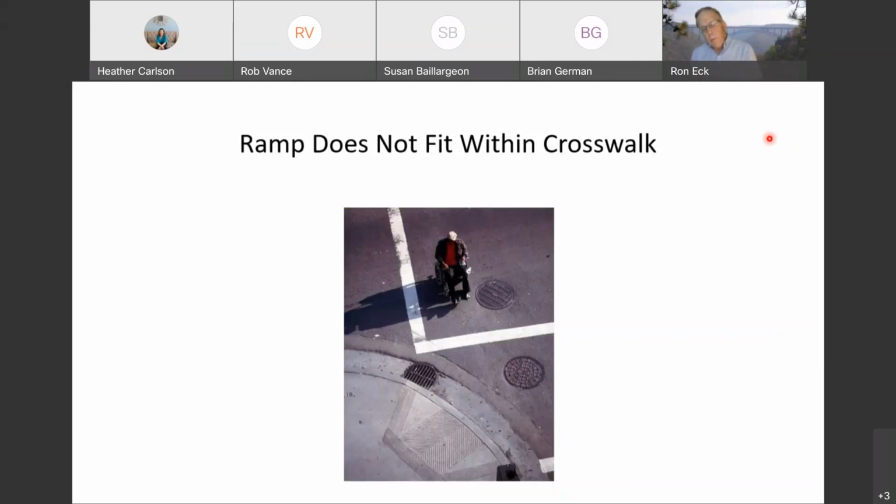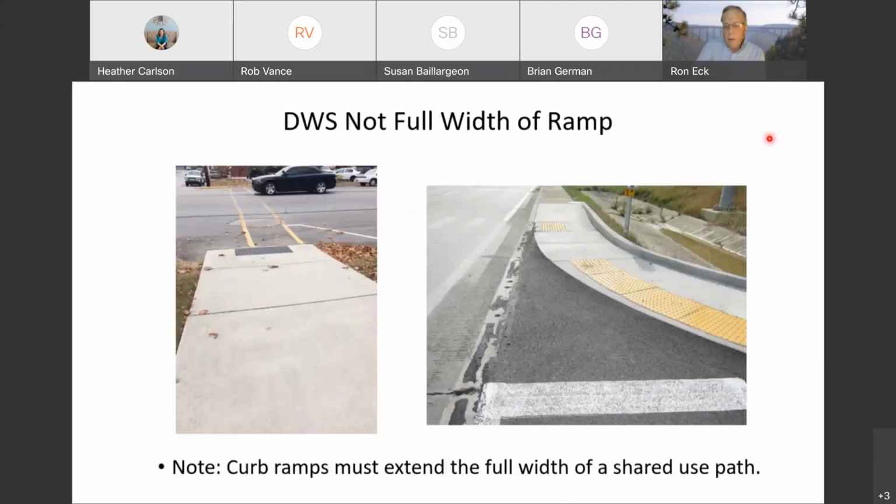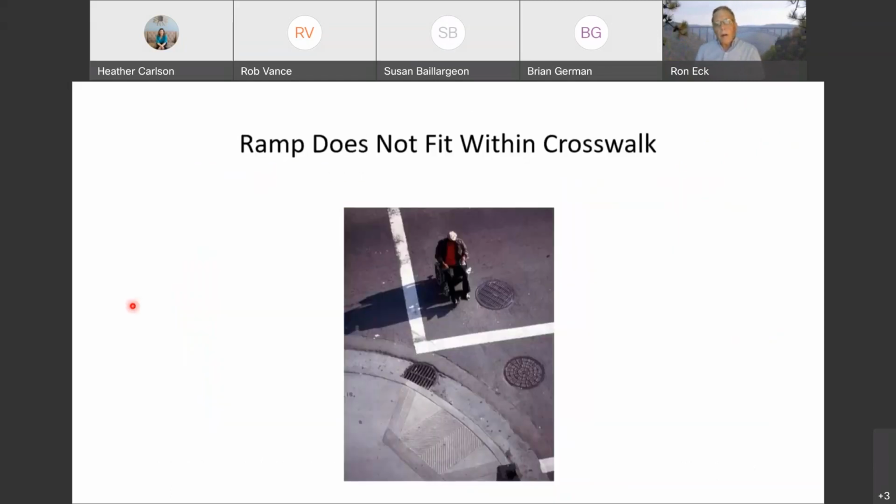Another mistake that's often made is the ramp does not fit within the crosswalk. As you see here, this is a single diagonal ramp, which we should not be building any more new single diagonal ramps. I realize there's a lot of them out there, but we should not be building any more new single diagonal ramps. And this is one of the reasons why.